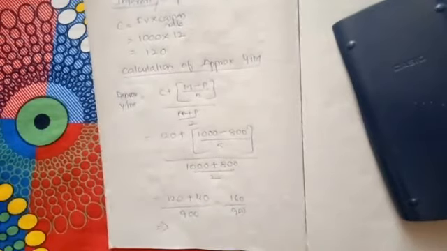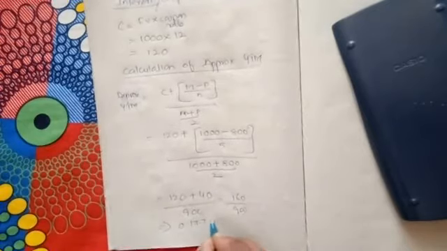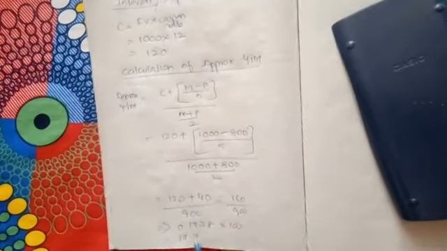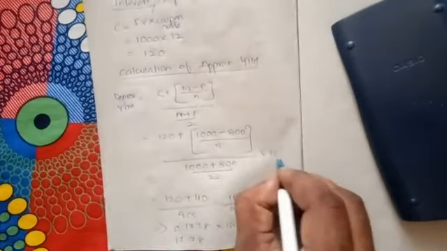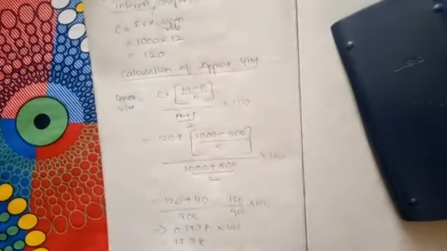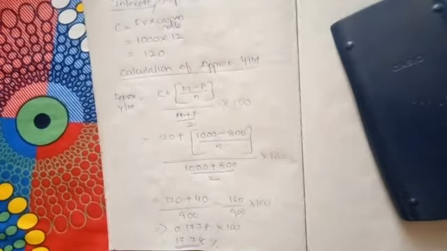What will be the answer? 0.1778. Into 100, 17.78%. So you get a 17.78% return on the investment. That is the YTM.